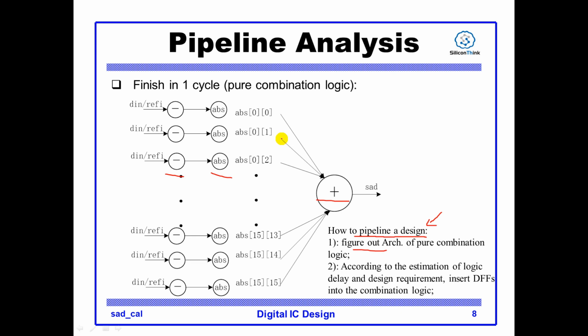For example, if we assume the delay of this operation is 5.2 nanoseconds, okay? But this is very big, there is accumulation of 256 data. Then we assume the delay is around 25 nanoseconds, okay?